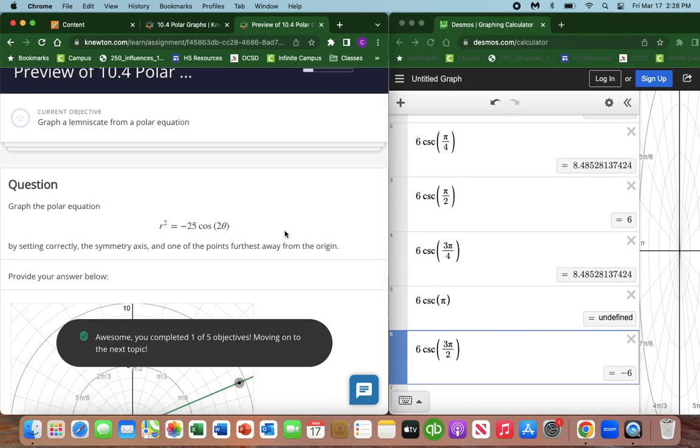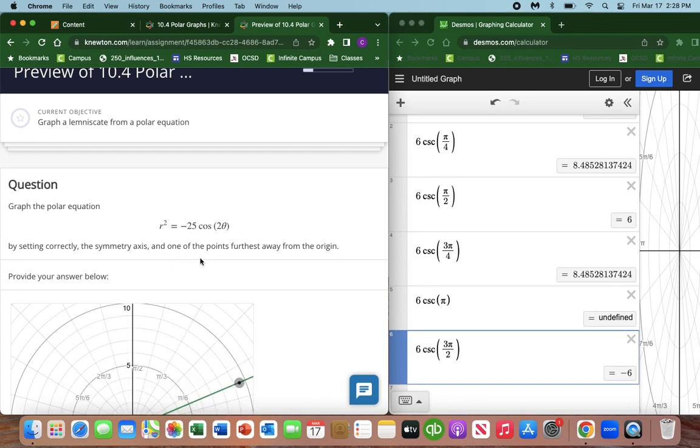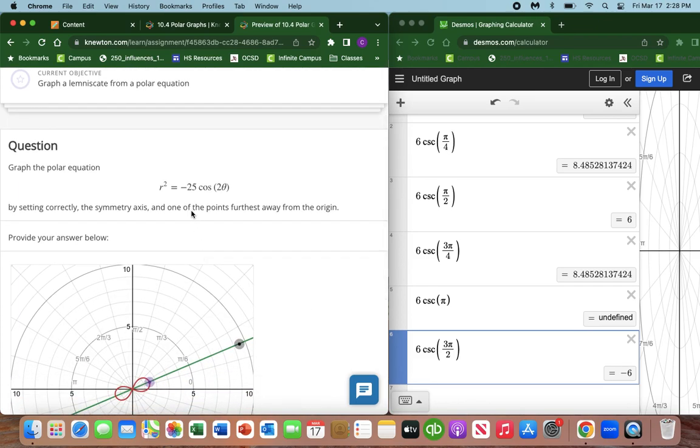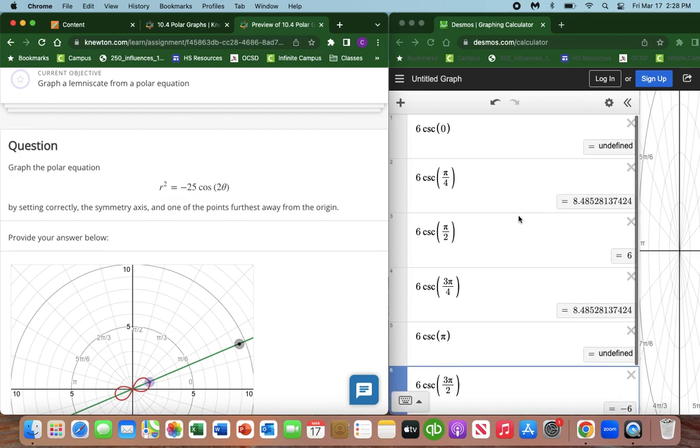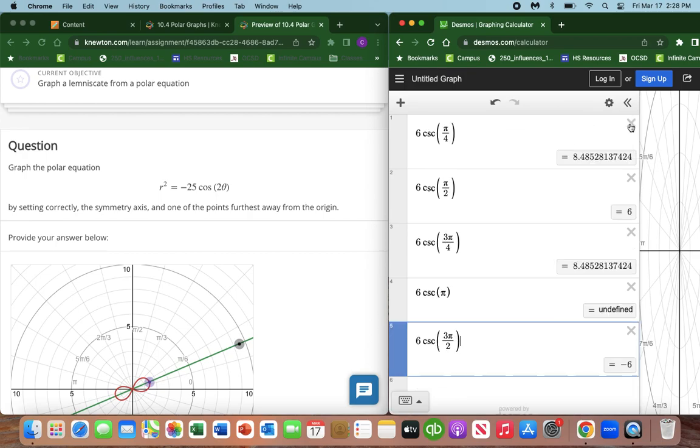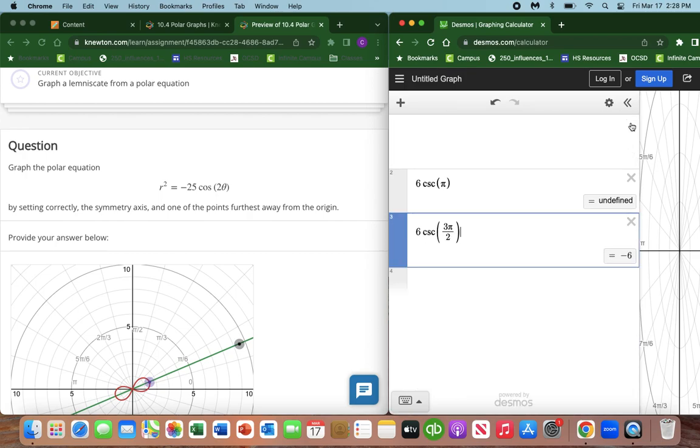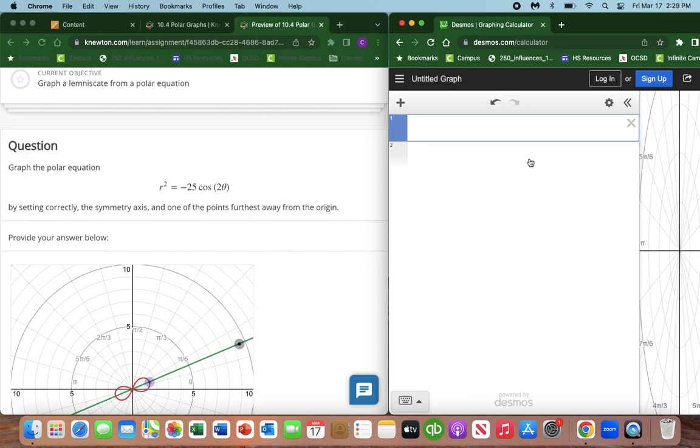All right, now we're going to graph a lemniscate from a polar equation. Now these ones are a little bit different because they are equal to r squared. So we're still going to plug in the same coordinates that we typically do, but they act just slightly different because of this r squared.